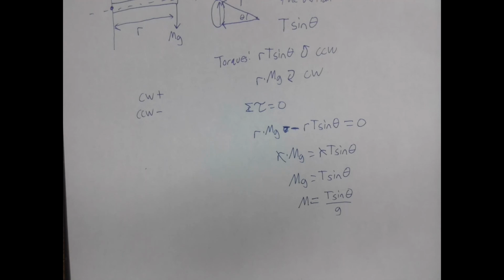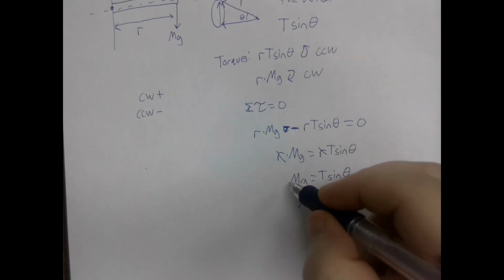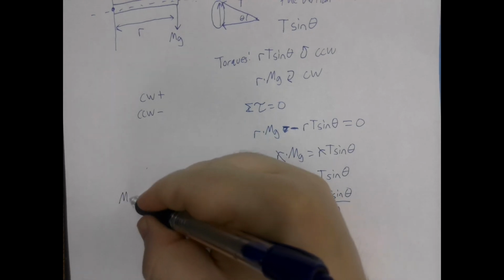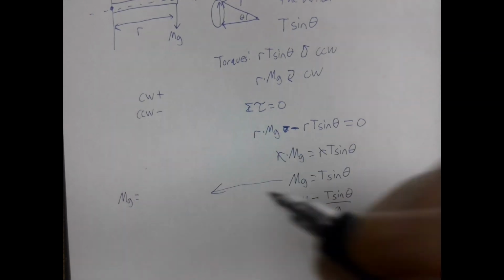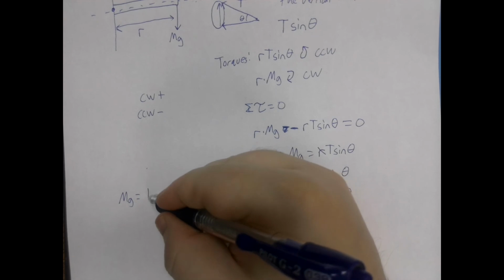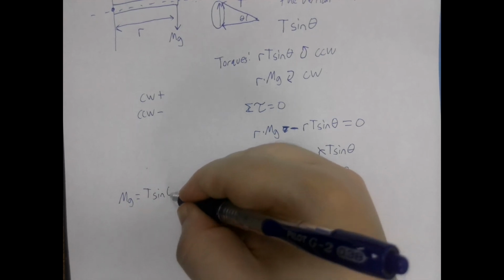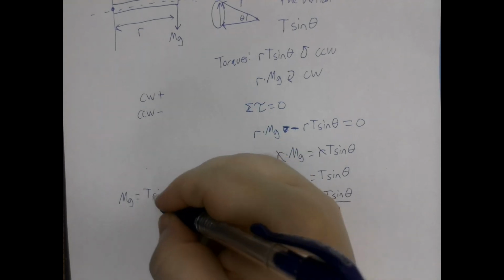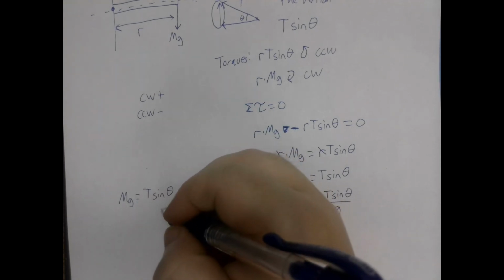We can also do another analysis. So let me pull this out over here. mg is equal to T sine of theta. Let's say that you knew the mass and you knew the tension force required, but you want to figure out an optimal angle.